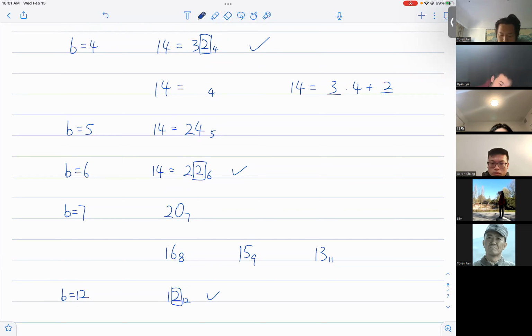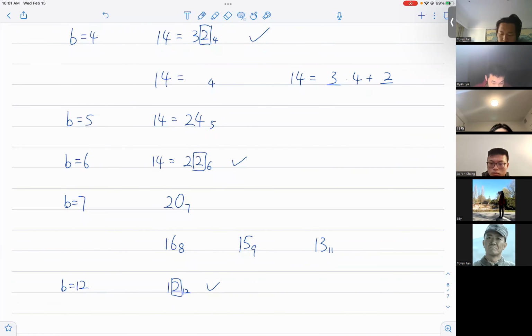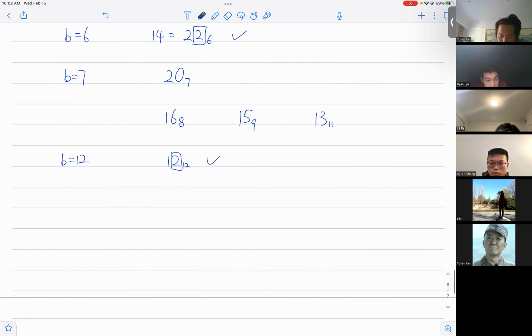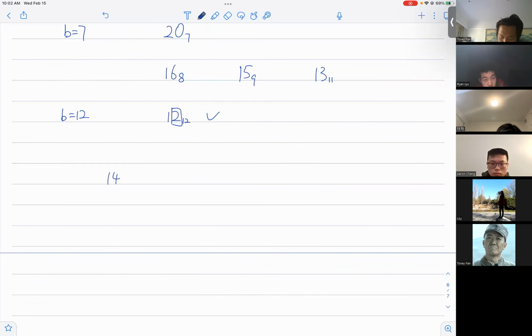Because for whatever base b, you want a unit digit to be 2, right? If the unit digit is 2, that means 14 divided by b has a quotient and the remainder is 2, right? So in other words, 14 minus 2 must be divisible by b, right? 14 minus 2 divided by b is just an integer.